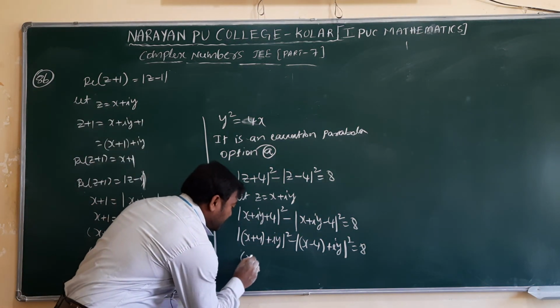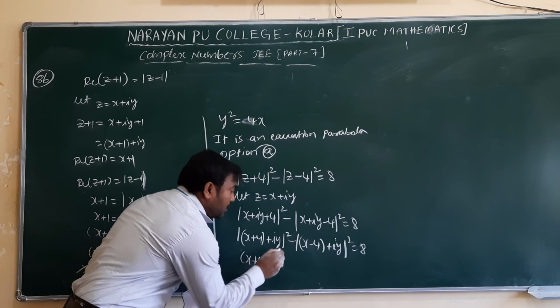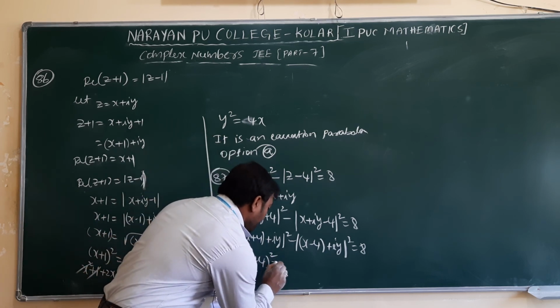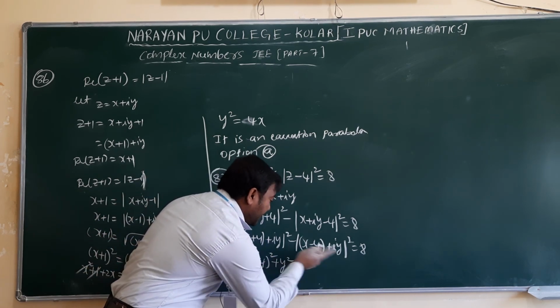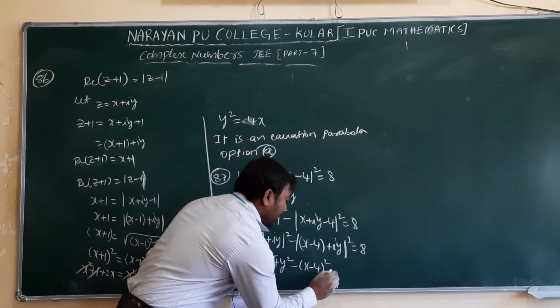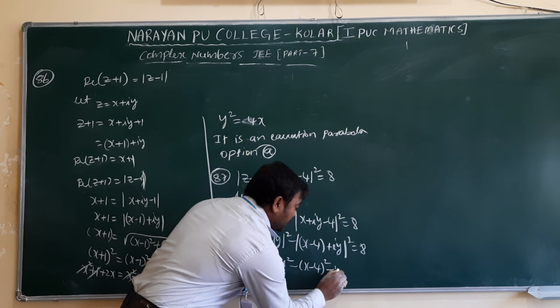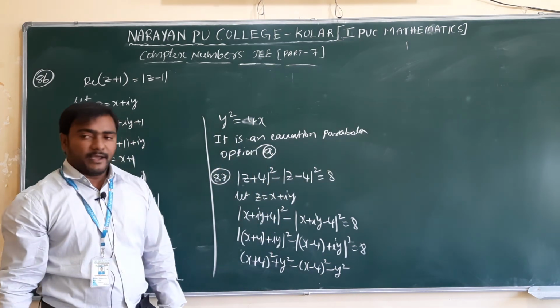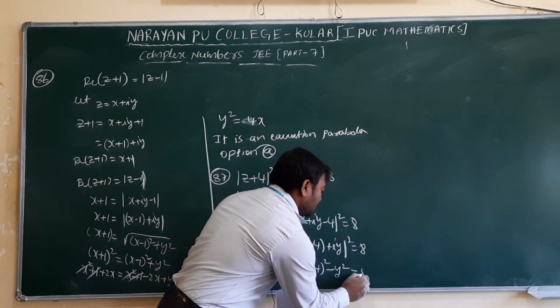So x plus 4 whole square plus y square minus x minus 4 whole square plus y square is equal to 8.